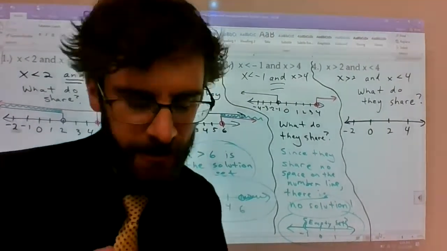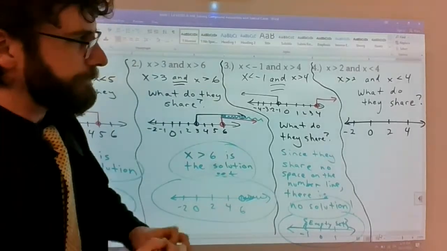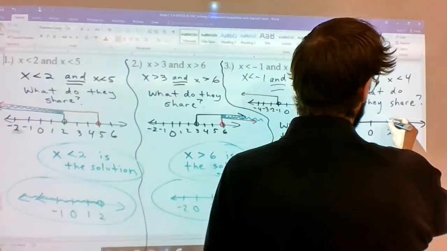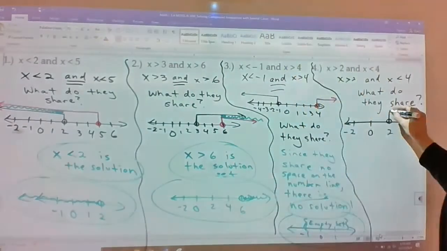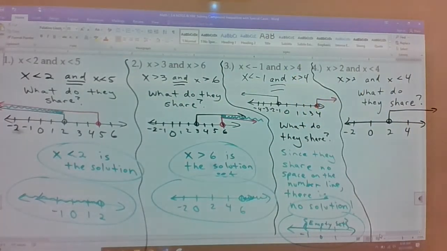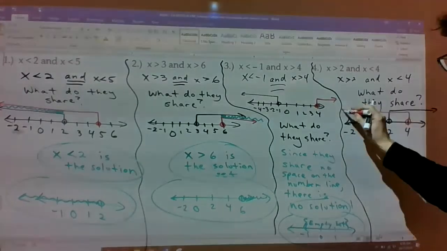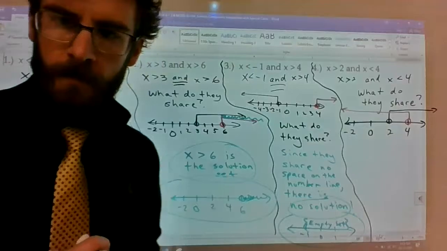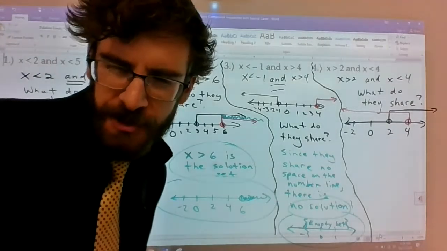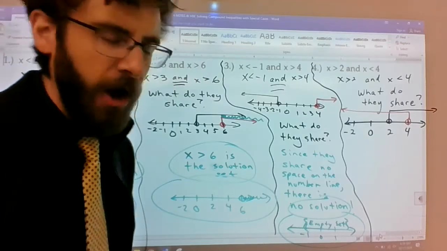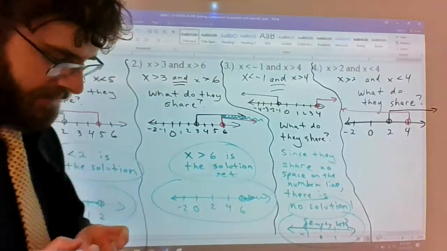Barely. That's better. All right. In black ink, I'm going to go x is greater than 2. In red ink, I'm going to go x is less than 4. So what's the shared space between the red ink and the black ink? Oh, this is a normal case.